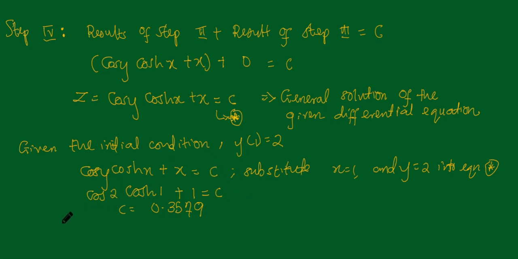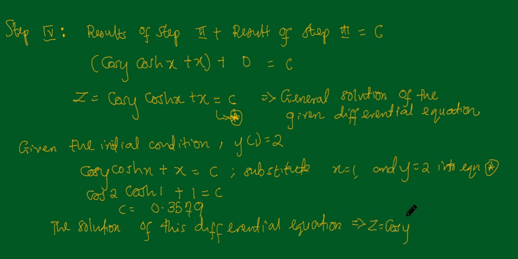So therefore, the particular solution of this differential equation is given as cos y cos x plus x is equal to 0.3579. So this gives our particular solution for this differential equation.